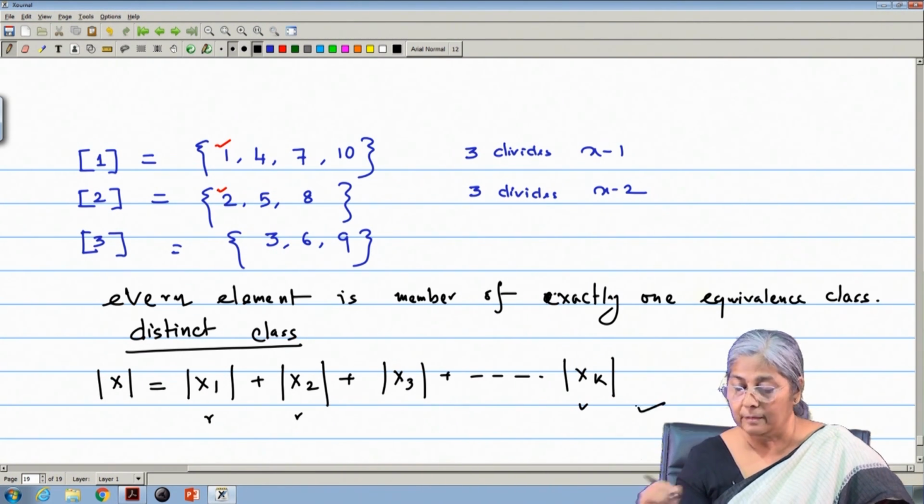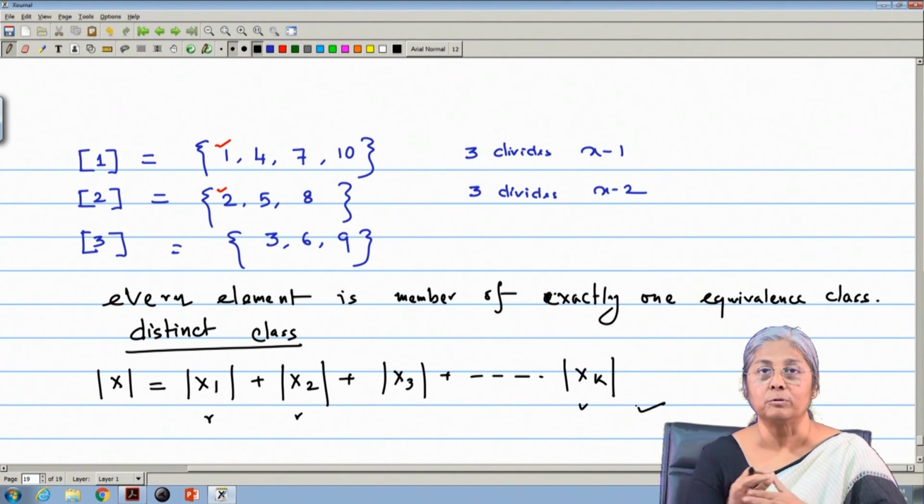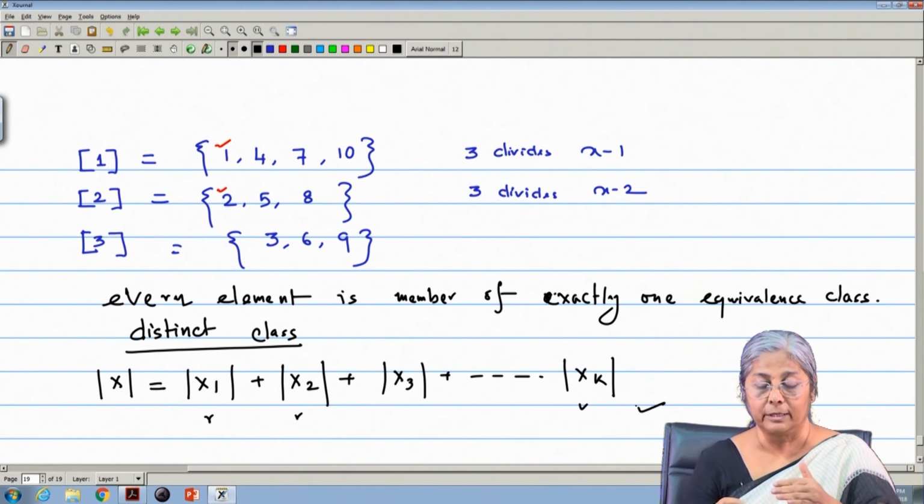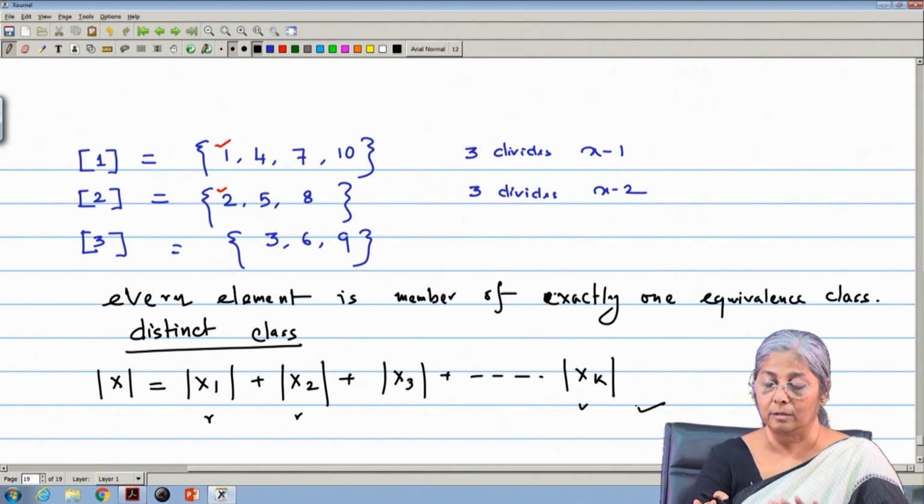So, this is the concept of equivalence class on the equivalence relation R, and we get the partition from here.